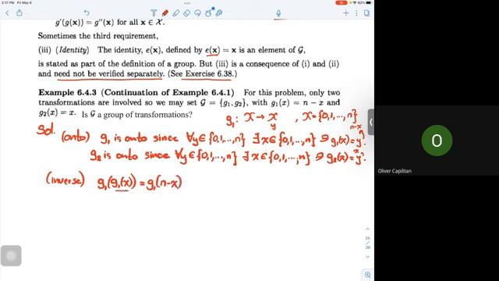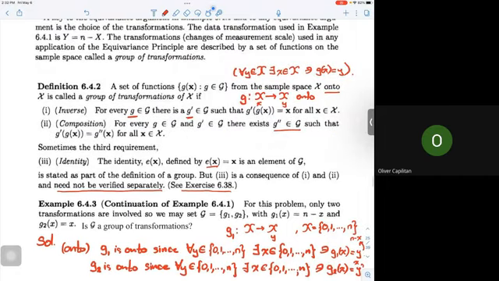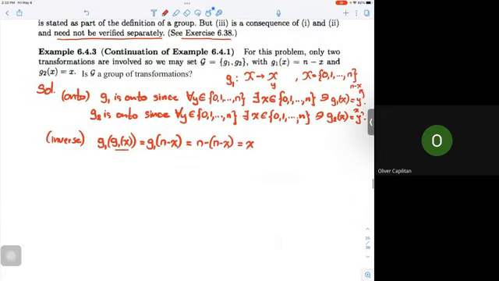This is n minus x. So g1 of n minus x is equal to n minus n minus x, and this is equal to x. So it is satisfied. This is true for all x. So the inverse of g1, g1 inverse, is equal to g1. Okay, it exists.